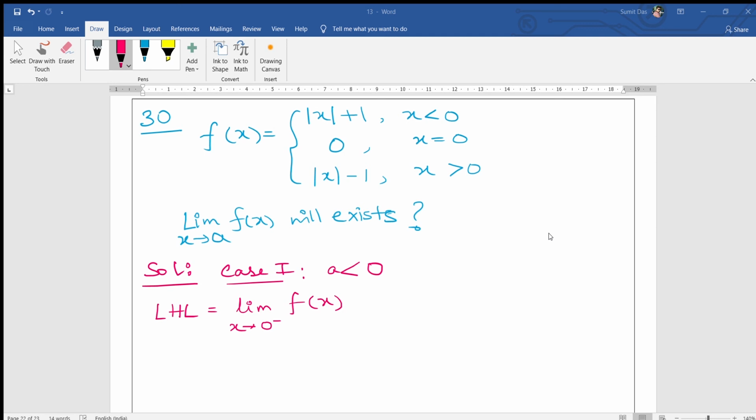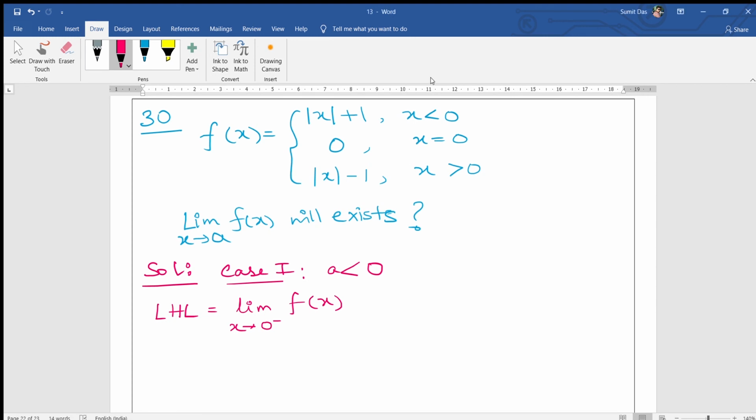First one, second one, or third one? Please reply. Yeah, modulus of x plus 1. Why? Because here x less than 0.